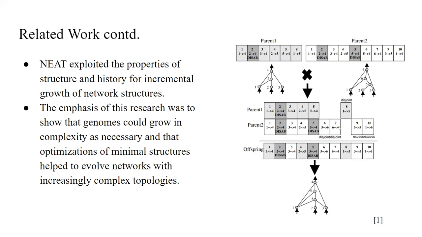It looks at the history of ancestors for a given node and figures out where nodes or connections can be added. The emphasis of this research was to show that genomes could grow in complexity as necessary, and that optimizations could be made to smaller networks, and those small improvements actually carried forward to larger ones.